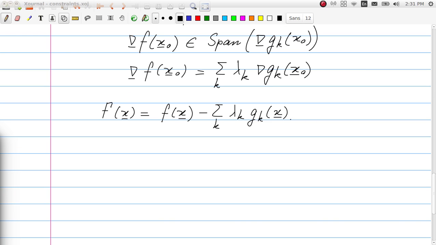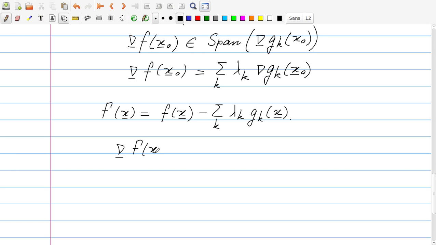This can be neatly reformulated as follows. We define a new function, capital F, depending on x, and it's the function f we are interested in minus a linear combination, with linearizing parameters, those are the lambda k's, times all the constraint functions. What we then do is first minimize this function capital F, so we take its gradient to be 0.